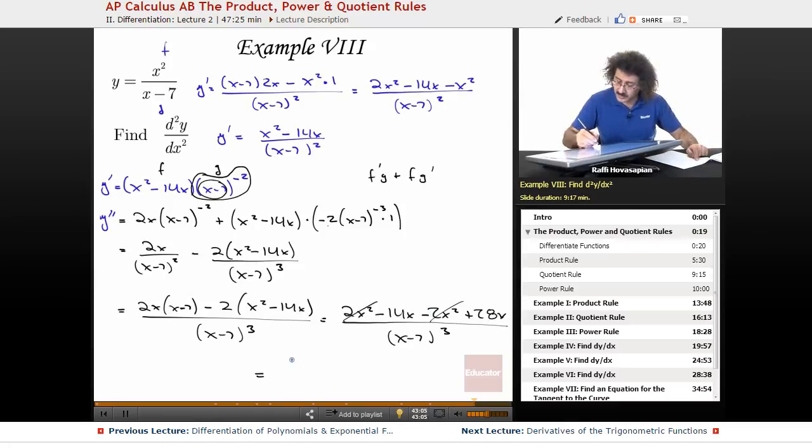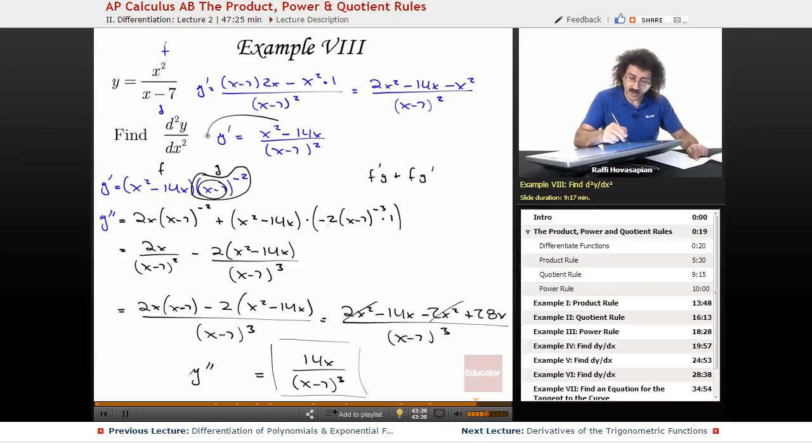Minus 14 plus 28, I'm left with 14x on top, and I'm left with x minus 7 cubed on the bottom. This is my y double prime. Here was my y prime, my first derivative. Here is my second derivative.